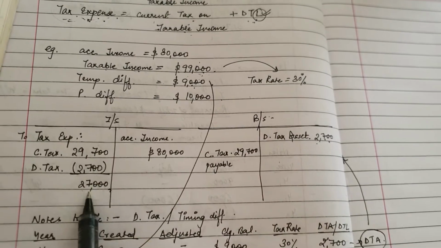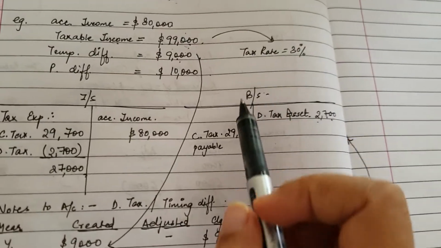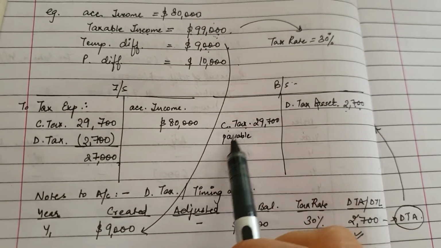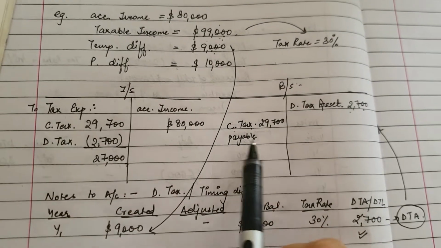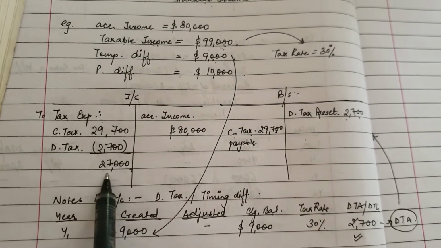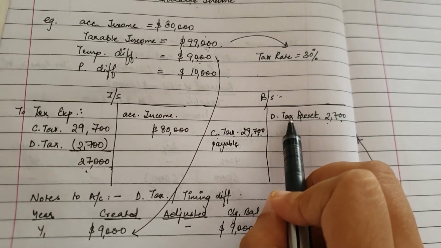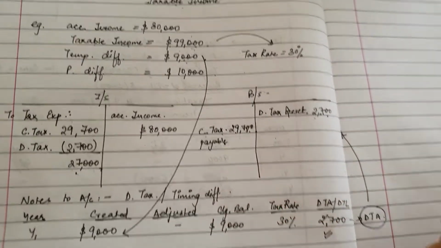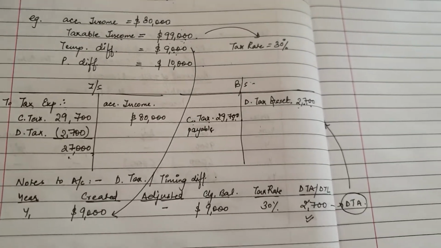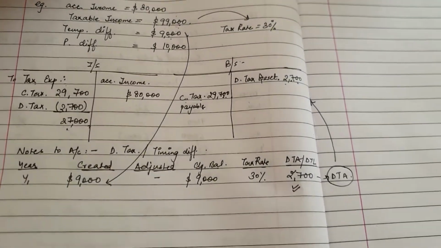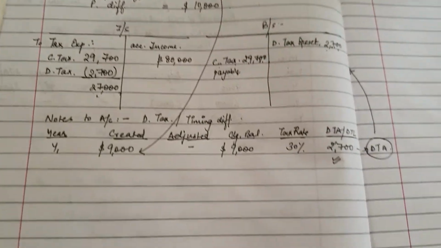So there is a difference. Of course, you can parallelly see the difference between what we are paying today. We are paying extra. The tax expense is 27,000. We're paying extra 29,700. Of course, that would be creating a deferred tax asset for me. That is 2,700. This was a very basic thing. We'll be complicating a little bit of it.